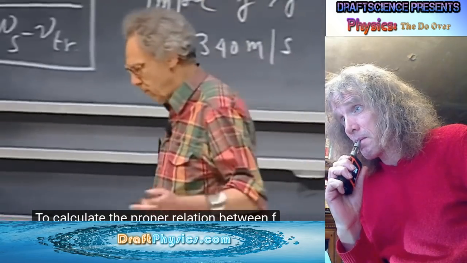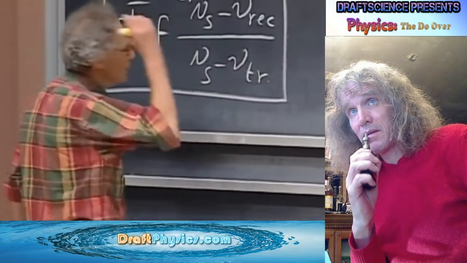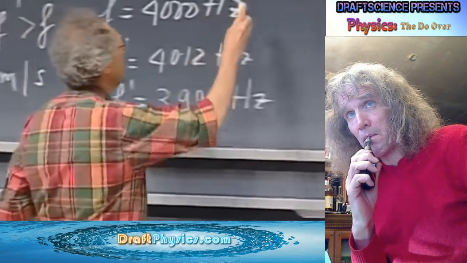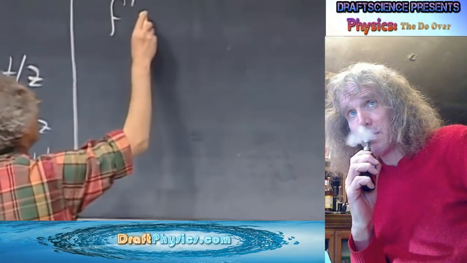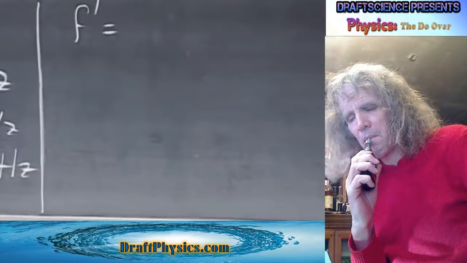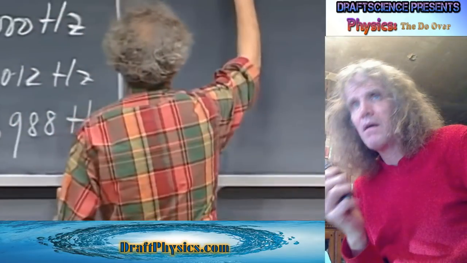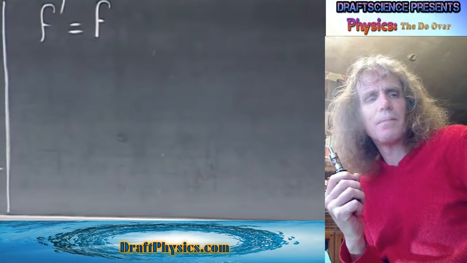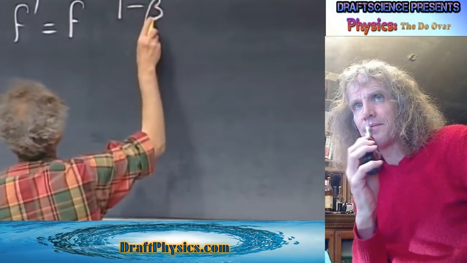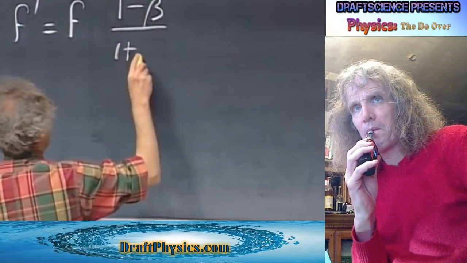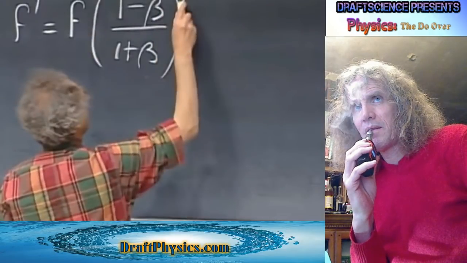Calculate the proper relation between f prime and f requires special relativity. And so I will give you the final result. F prime is the one that you receive. F is the one that is emitted by the transmitter. And we get here then 1 minus beta divided by 1 plus beta to the power 1/2.